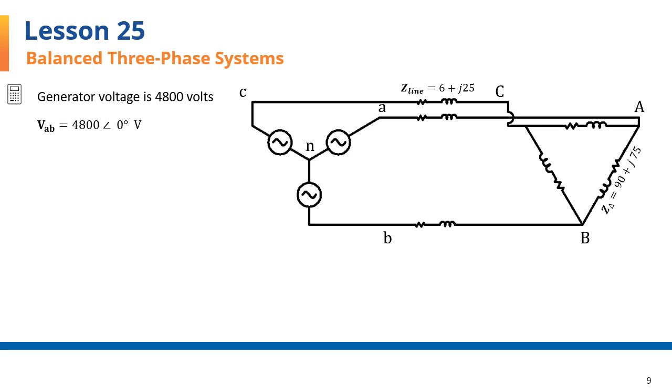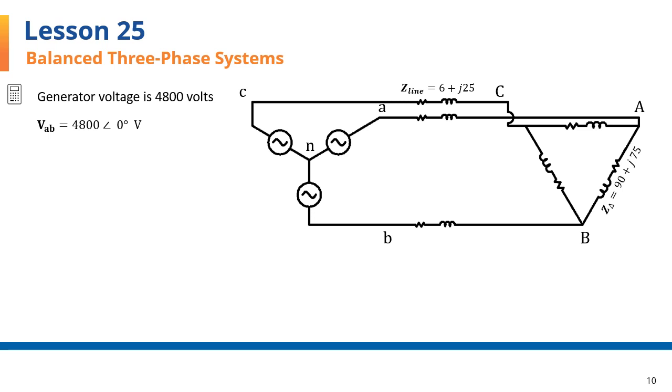I have discussed the general formulas for converting between delta and Y-connected impedances in lesson 14, and you can refer to that lesson if you would like to review the general case. However, for balanced loads, the conversion is quite easy.